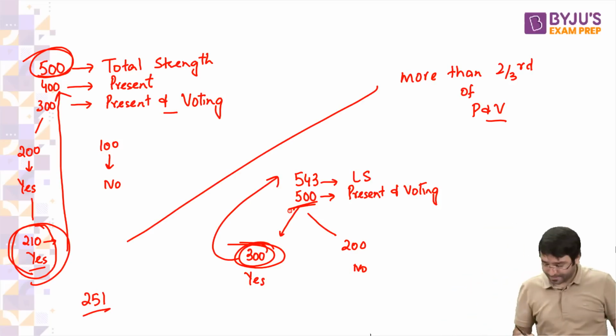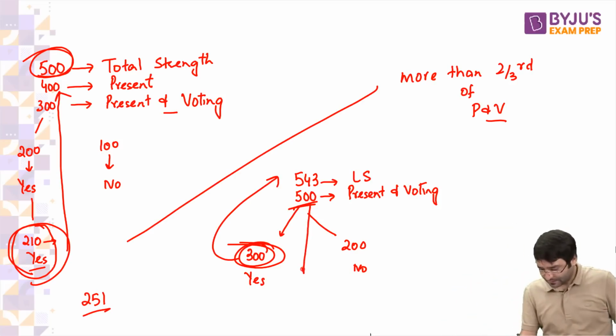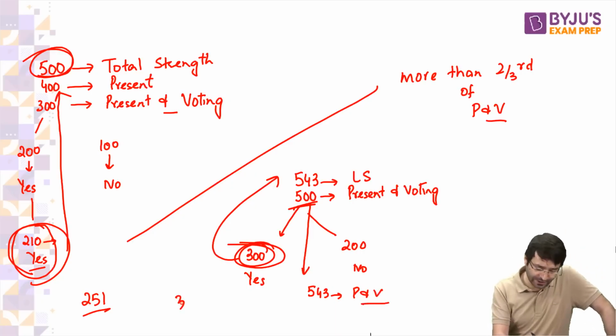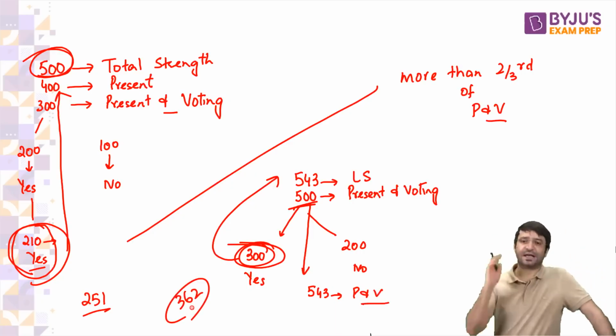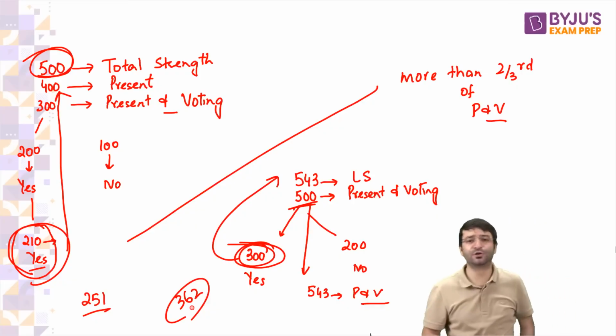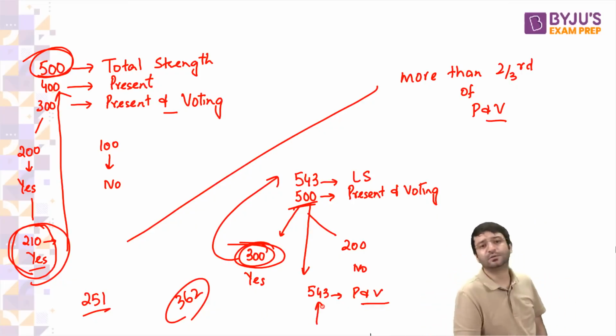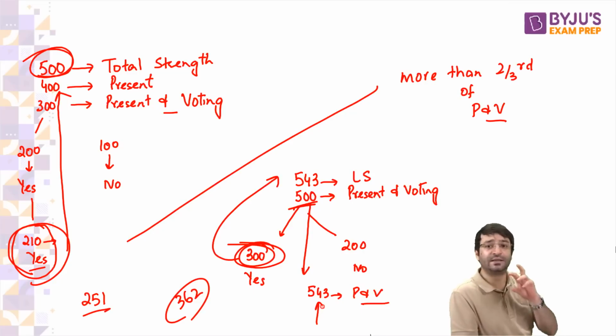If we say all these 543 people are present as well as voting, only if 362 odd people say yes, because 362 then becomes more than two-thirds of the members present and voting. Both the conditions should be satisfied, only then can this bill be passed.